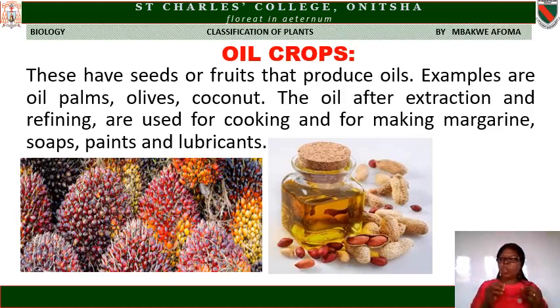They are being used to produce oil. When these oils are extracted, they are refined. After refining, some of them are being used to cook food. Then some are used for making something like lubricants, soap, paints, margarine, and others.